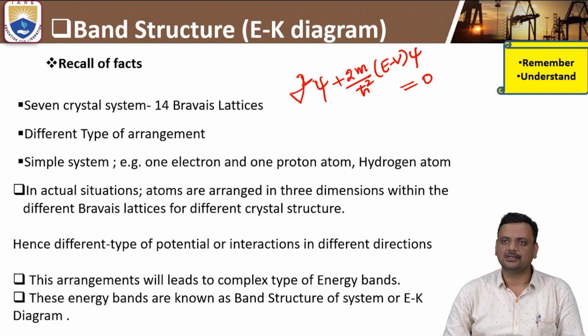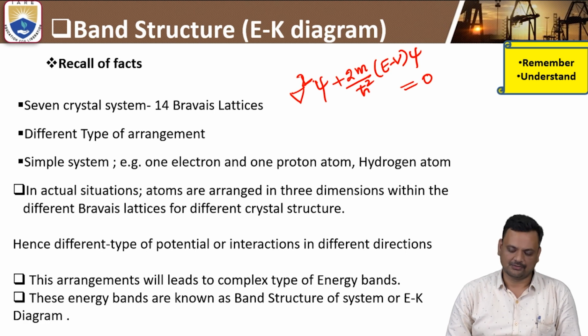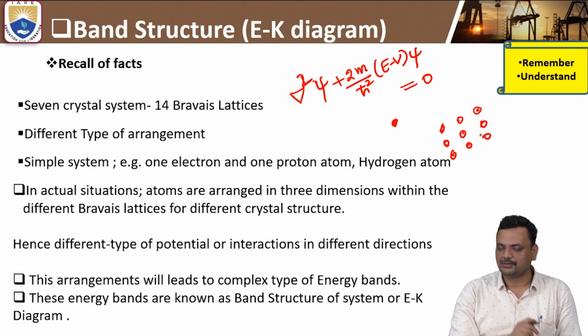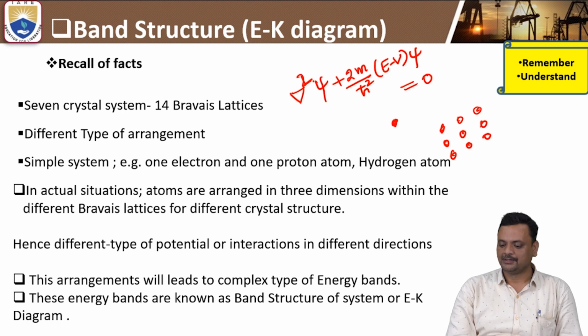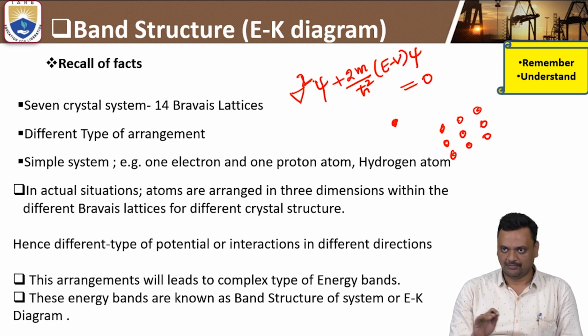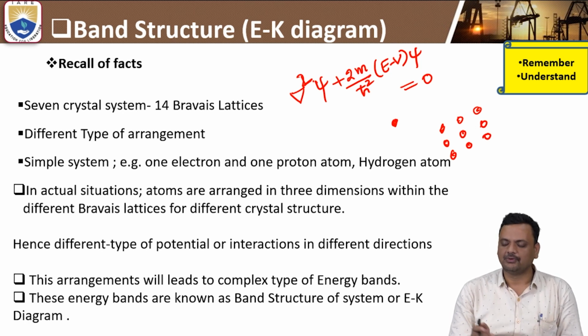This is the time-independent Schrodinger equation, and we solve it for any considered system, either a single atom or many atoms arranged in a periodic manner. Solving this equation will give you the energy values, the allowed energy states.